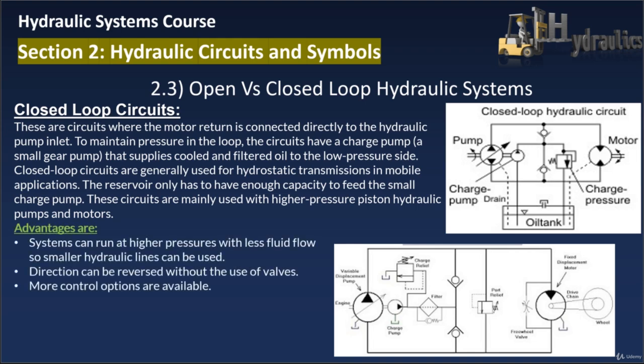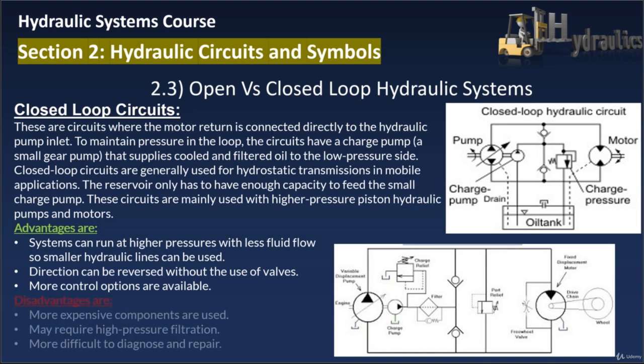If we start with the advantages of closed loop systems, the system can run at higher pressure with less fluid flow, so small hydraulic lines can be used. Direction can be reversed without the use of valves, like in the case of open circuits. More control options are also available in closed loop circuits. Closed loop hydraulic systems are suitable for precise working, but the problem of heat generation in this case will be higher compared to the open loop system.